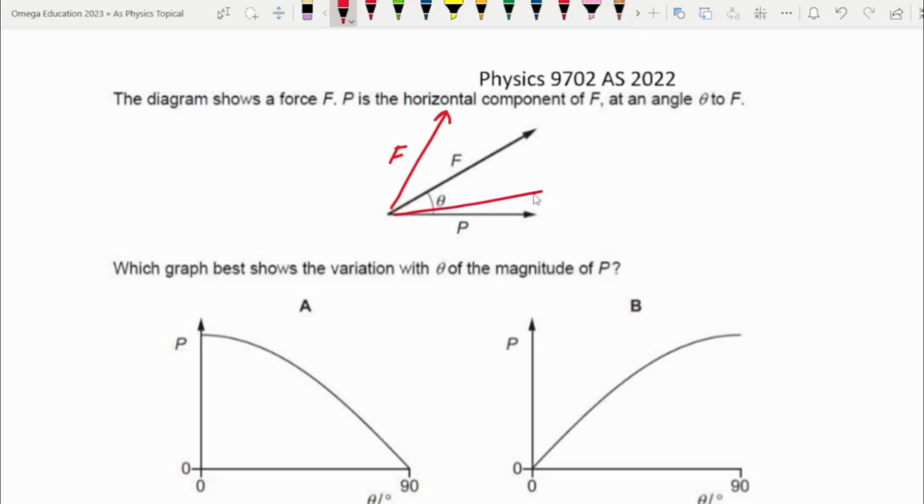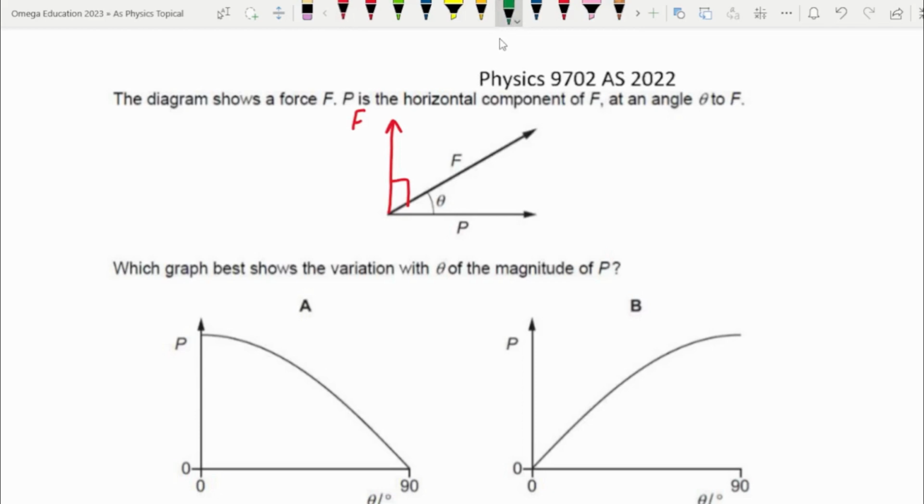The lesser the angle, let's say the vector were over here, in that case the magnitude of P would be more. But if you increase the angle, the vector gets away from that axis, so the magnitude of P would decrease. So we need to choose the option in which the magnitude of P decreases. As the angle is eventually increased to 90, your vector is purely vertical.